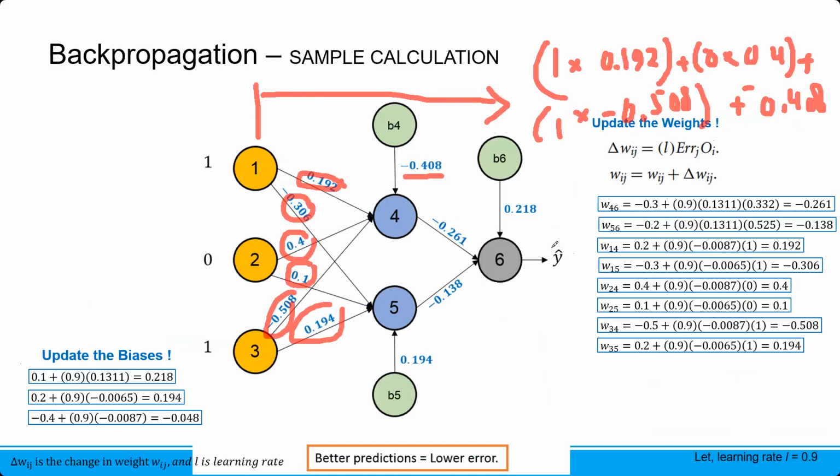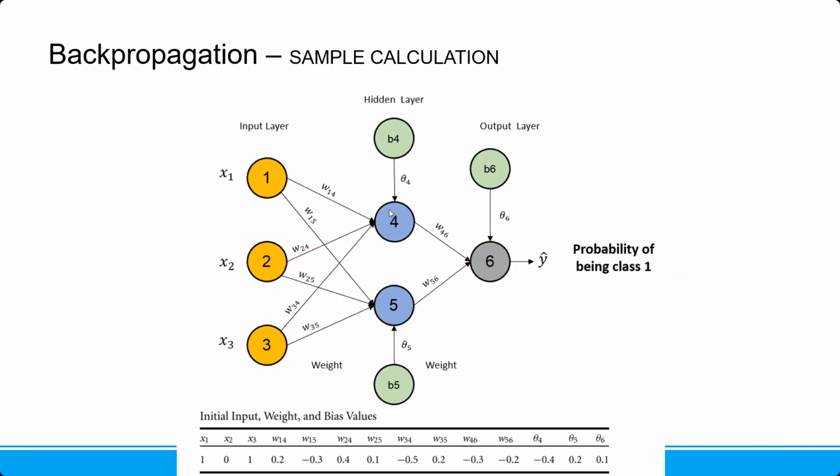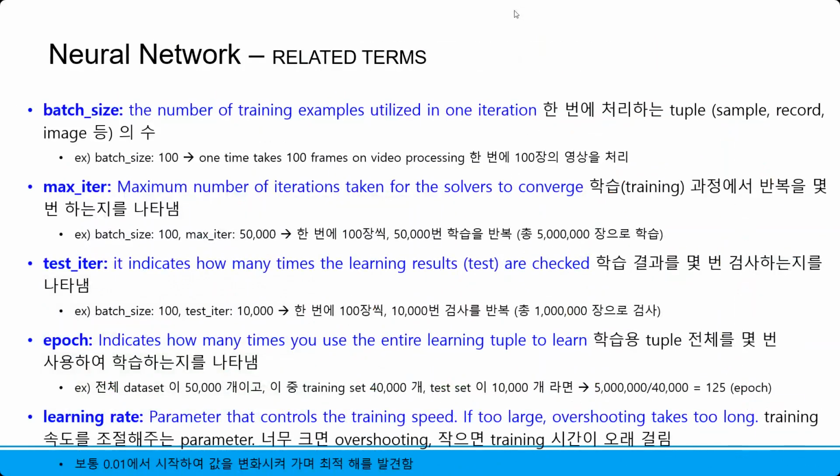And so on. If the output from these weights has a very low error, then we stop. Or if you already did many iterations, for example the maximum iteration, if you reach 50,000, then stop.